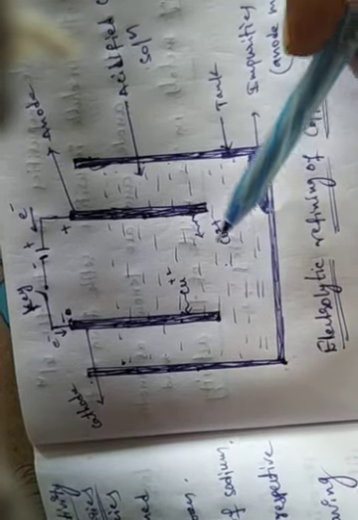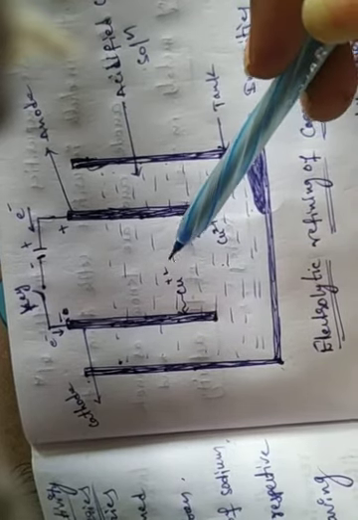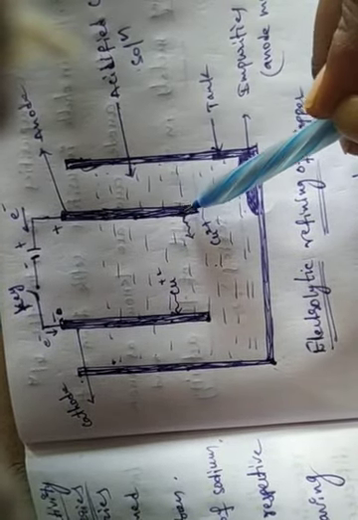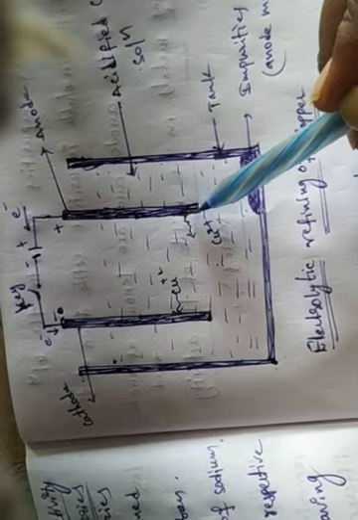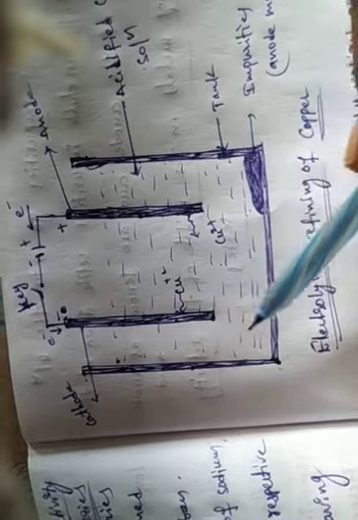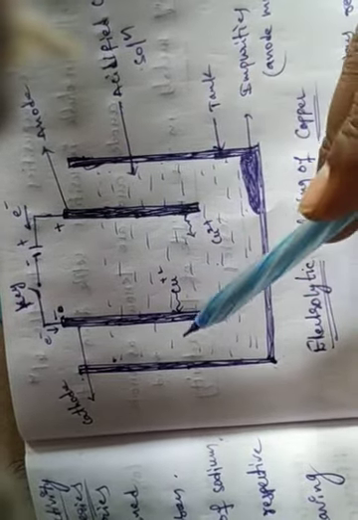An equivalent amount of pure metal from the electrolyte is deposited on the cathode. From the electrolyte, this copper will be deposited at the cathode.